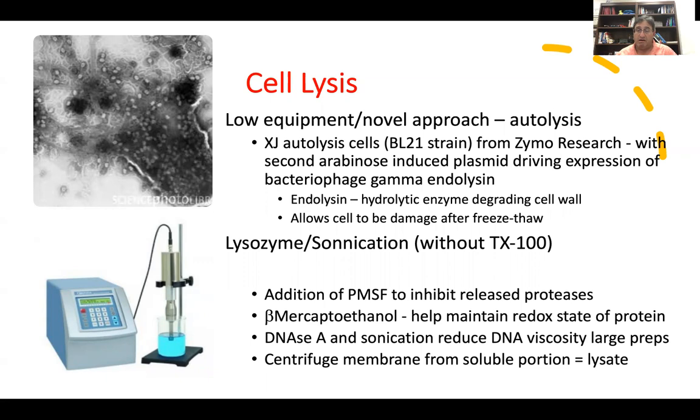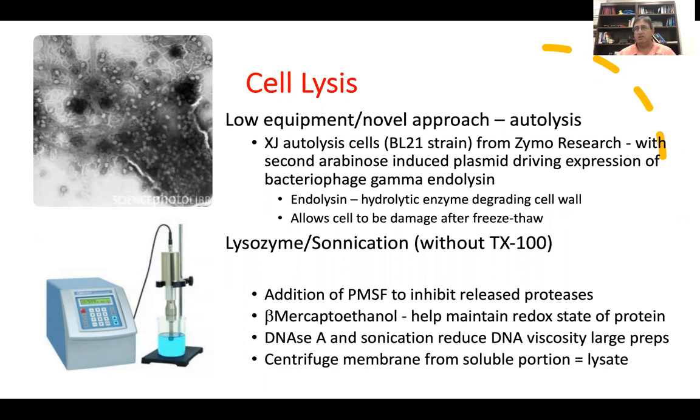So that way PMSF is a serine protease inhibitor. So as you break open any cell, the natural proteases of the cell are now exposed, and they'll find proteins, including the one you're trying to purify, and start cutting those up. By having PMSF or a series of other protease inhibitors, you can slow down that protease. PMSF is pretty good for a number of the serine proteases found in bacteria cells.